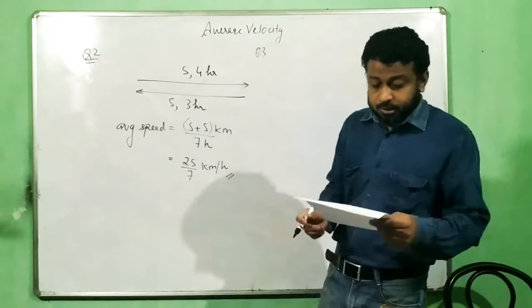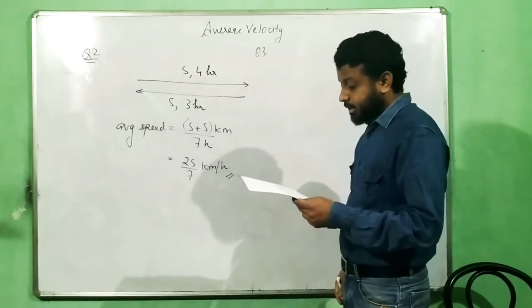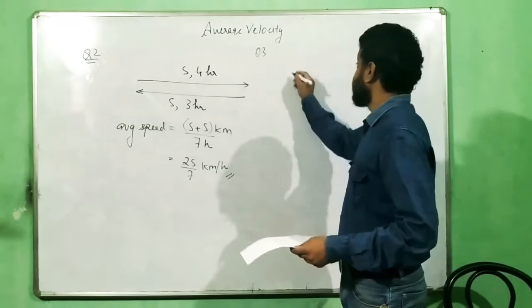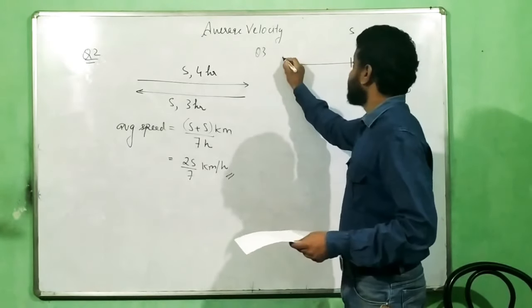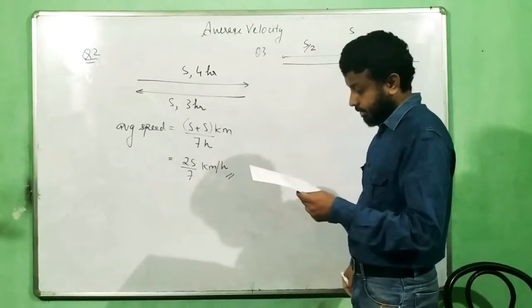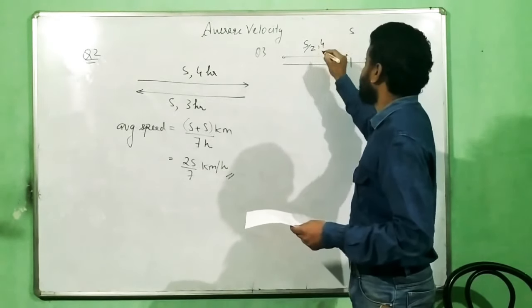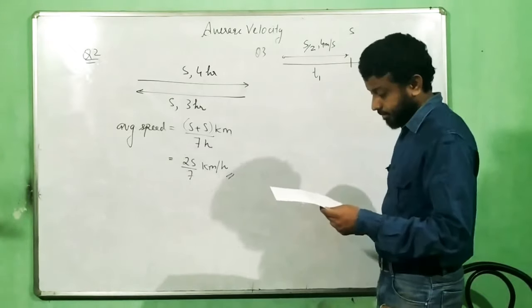Now, if you have read the question, it says that a particle moving in a straight path covers half the distance. So, if I consider from here to here as the total S, then it travels half the distance, from here to here, S by 2, with a speed of 4 meter per second, and let us say the time taken is t1.